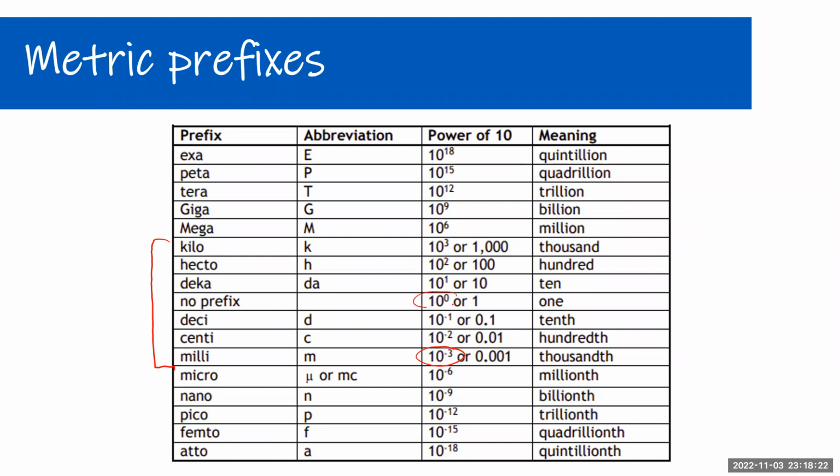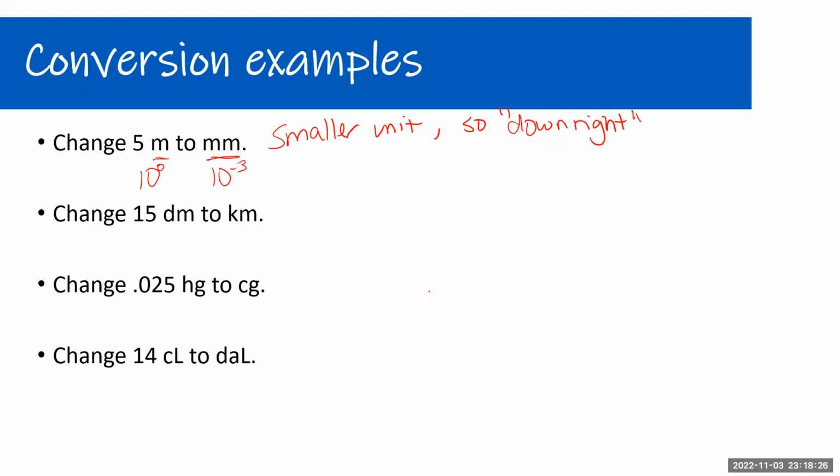No prefix, it's just plain meters, and that's going to be 10 to the 0. Okay. Look at the difference in powers. So our powers of 10 are 0 and negative 3. Okay. This is 3 powers apart.